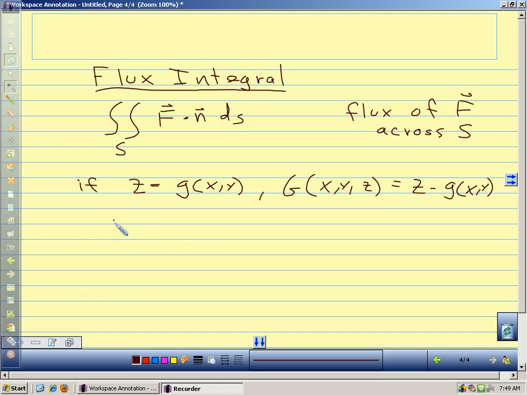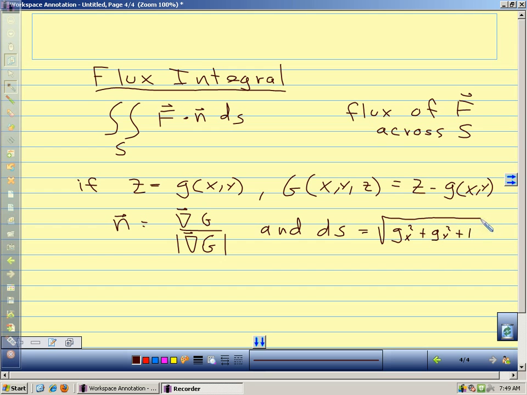And our normal vector, n, is del G over the magnitude of del G. And we also said that dS, when we have our function represented this way, is the square root of g sub x squared plus g sub y squared plus 1 dA.